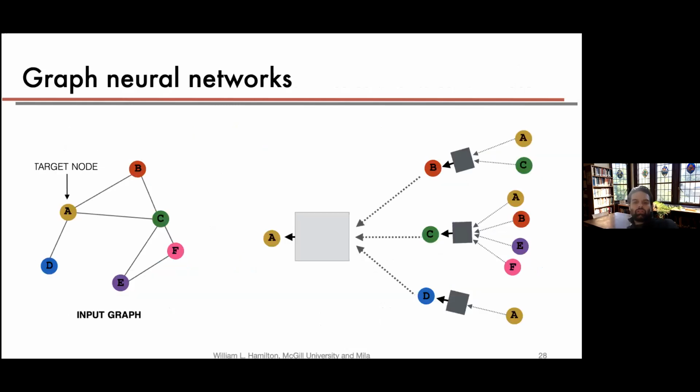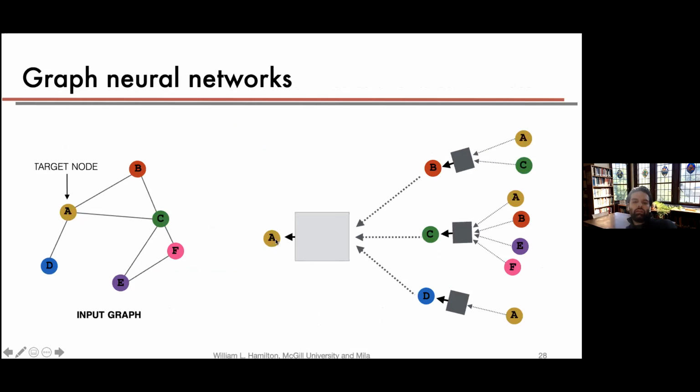I often like to show this image to illustrate how a basic graph neural network works. The idea is that if we're trying to generate an embedding or a representation of this target node A, the way that we do that is we aggregate information from A's local neighborhood using neural networks.